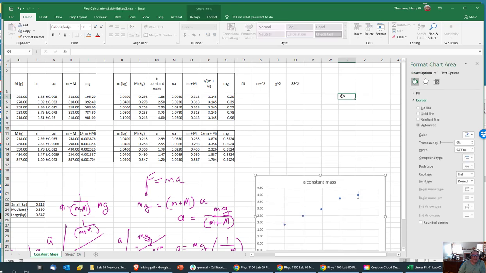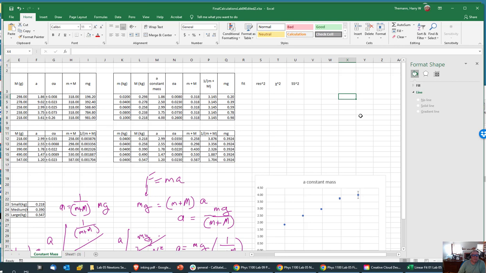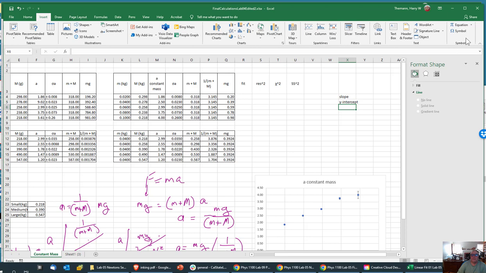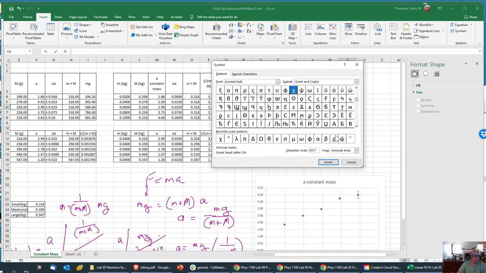So let's make our fit parameter table. So we have the slope. We have the y-intercept. We have the sum of the residual squared, so we need an insert symbol. No, we don't have it.